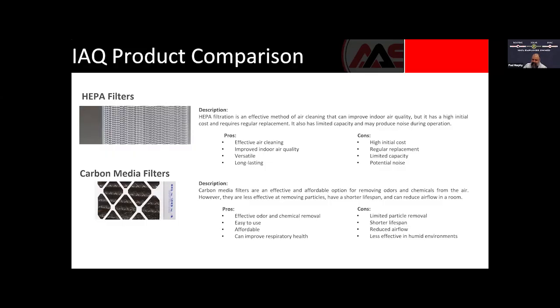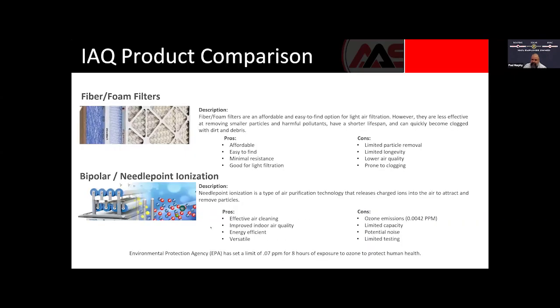And it's not too much of an increase in price over your standard pleated filters, so it's economical rather than a HEPA filter. So we use carbon media filters a lot anytime we're dealing with smoke smells, food smells, or any unpleasant smells or odors we want to try to remove.